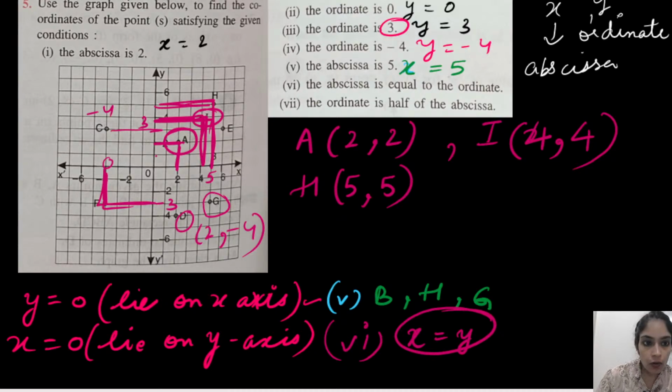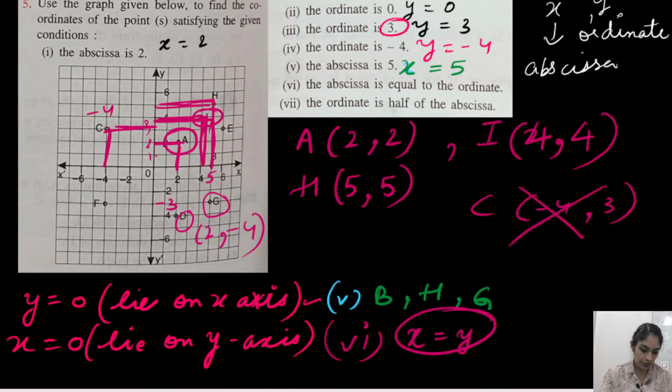C, okay, where is C? If you are seeing the coordinates of C, x value is negative 4 and y's value is 3. So negative 4 and 3, they are not equal. So C is not there. Sahana has mentioned C. So C is the incorrect answer.